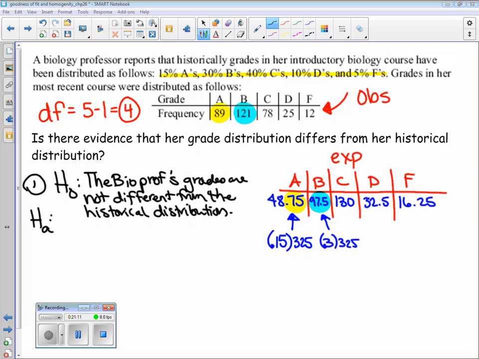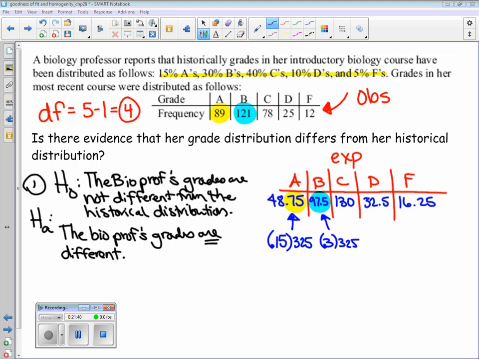What would the alternative be? So Maddie, you should be writing this down, babe. I'm sorry? They are different. That's all you have to say. Okay? The bio professor's grades are different. Okay?